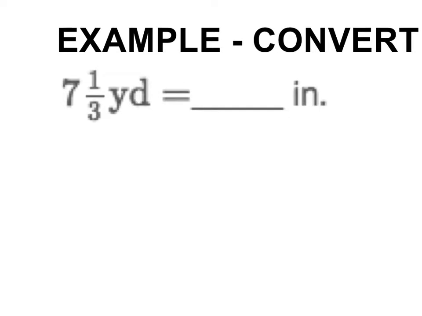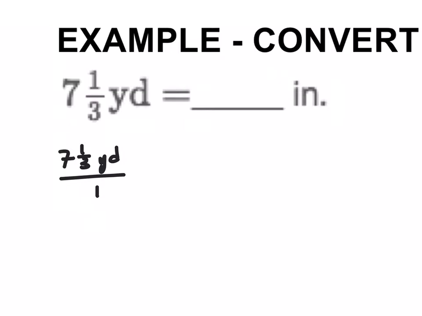First of all, we're dealing with this number, 7 1/3 yards. I'm going to write that number out as 7 1/3 yards over 1. I'm going to convert this into an improper fraction: 3 times 7 is 21, plus 1, so that's 22.